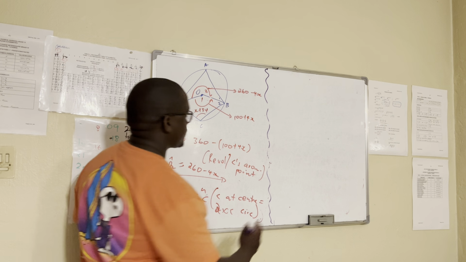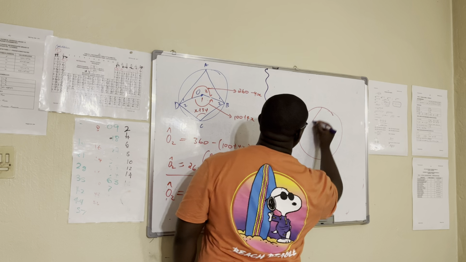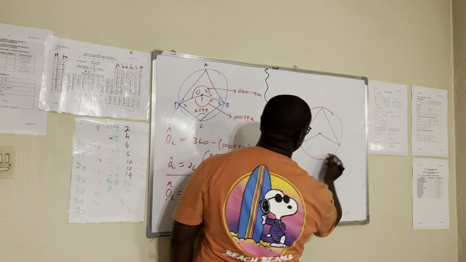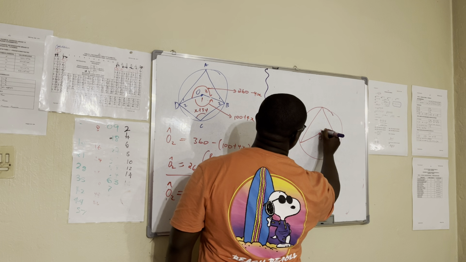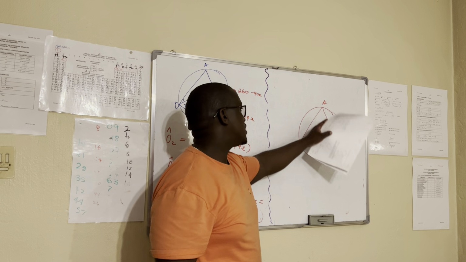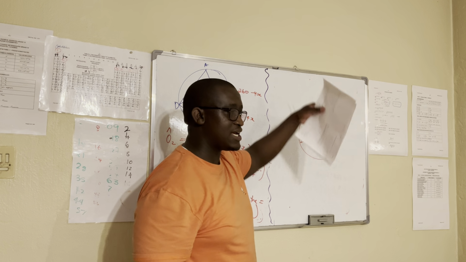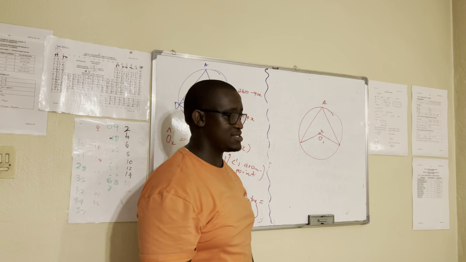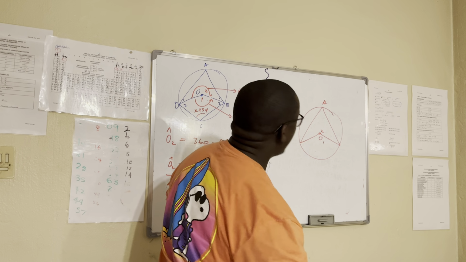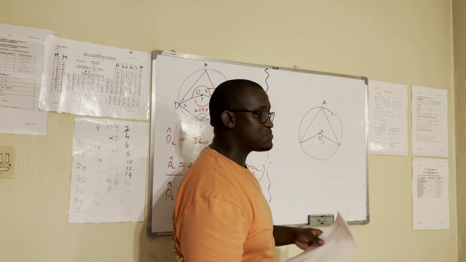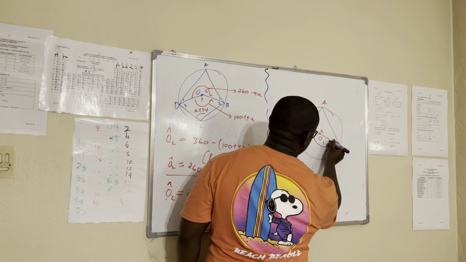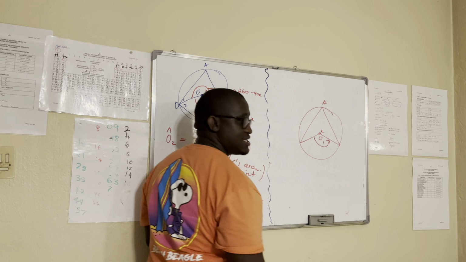What's the reason for that one being 2 times C? Let's look at that. Between O1 and O2, which one is the best way to use that theorem here? Angle at the center is twice the angle at the circumference.